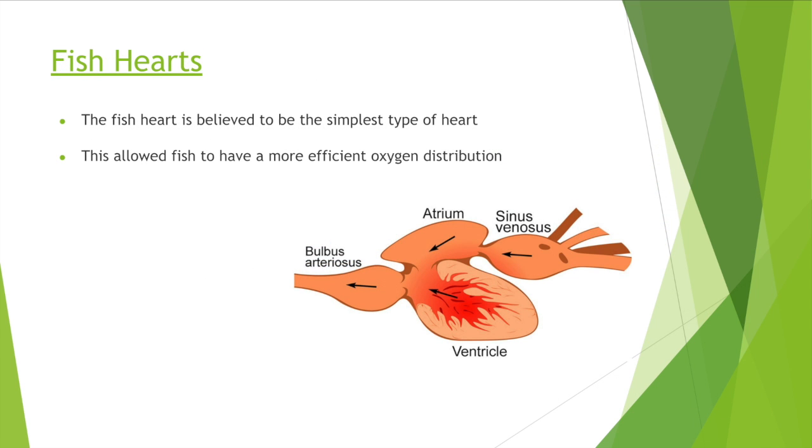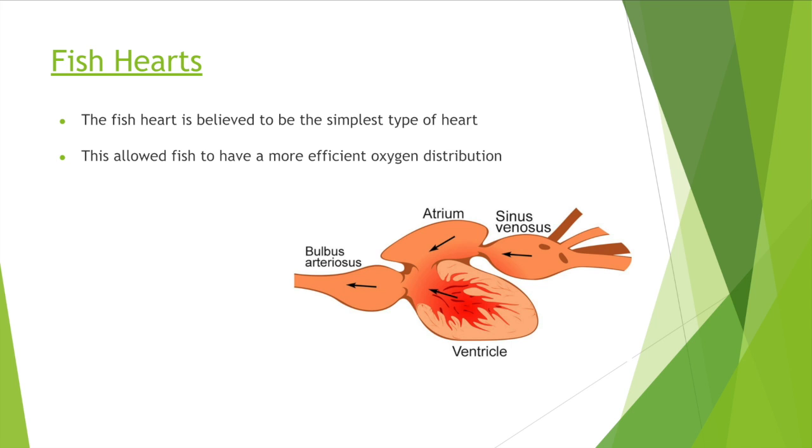Fish hearts. The next evolution of the heart was the development of the fish heart, the simplest type of heart. Fish have a closed circulatory system, but their hearts only have 2 chambers, resembling the embryonic heart of all vertebrates. The top chamber is called the atrium, and the bottom chamber is called the ventricle.